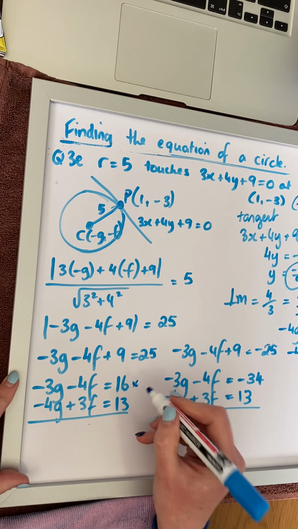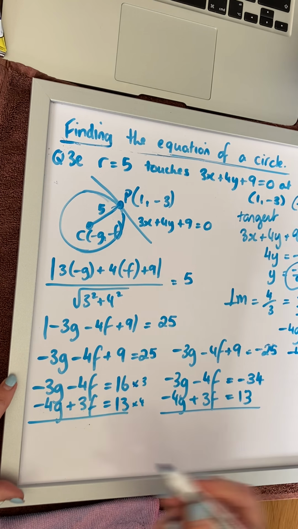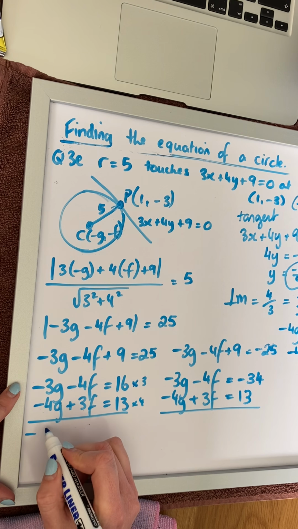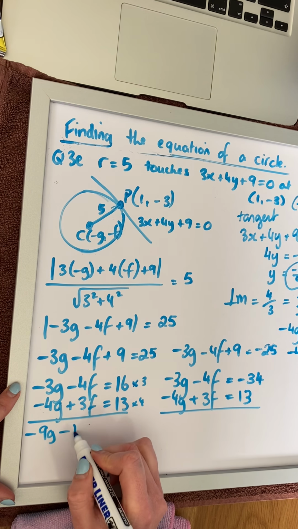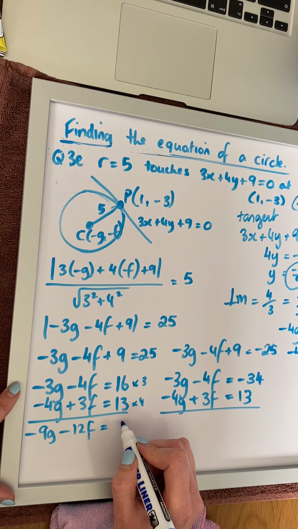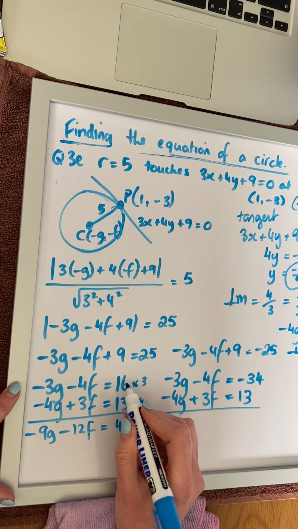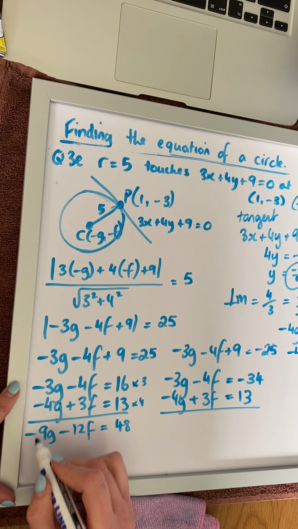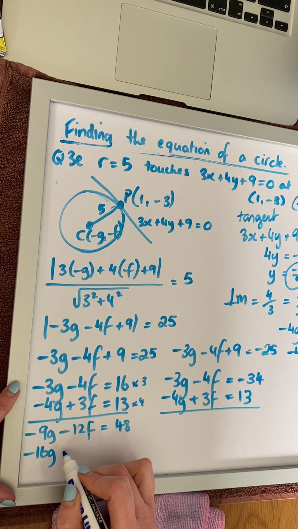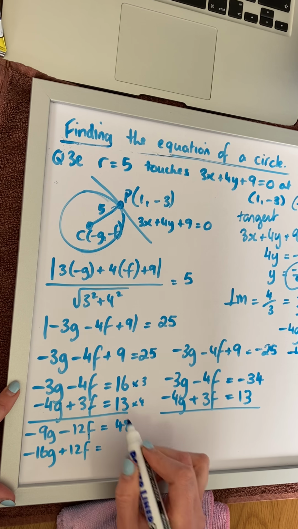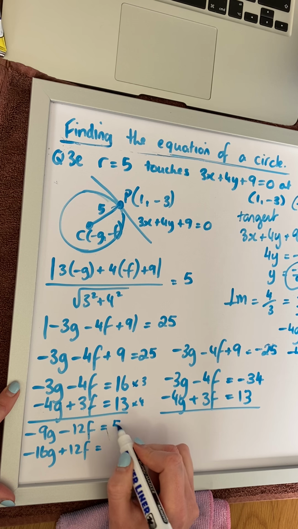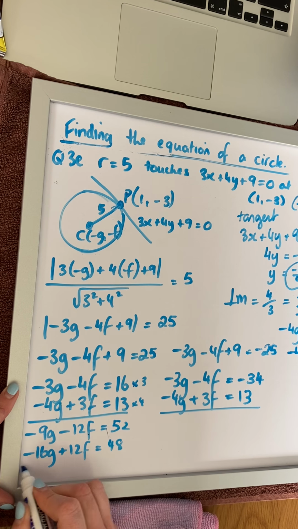So if we multiply the first equation by 3 and the second equation by 4, we have minus 9g minus 12f is equal to 48, 16 times 3 is 48, and minus 16g plus 12f is equal to 52, 13 times 4, apologies.